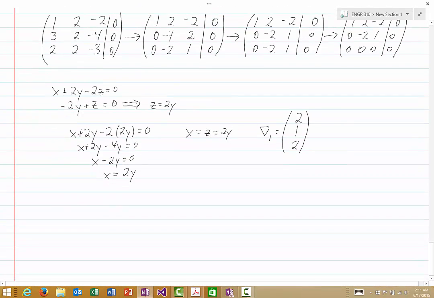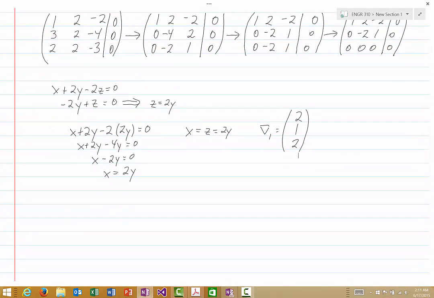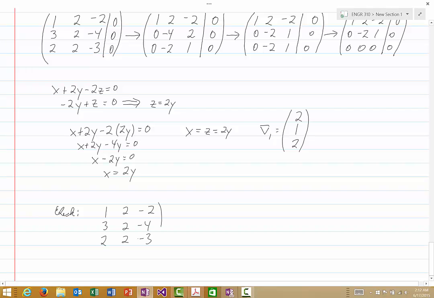And if you wish, we can check that. Check 1, 2, negative 2, 3, 2, negative 4, 2, 2, negative 3, times 2, 1, 2. And let's see, we would get 2 plus 2 is 4. Well, let's see, 2, 1, 2.